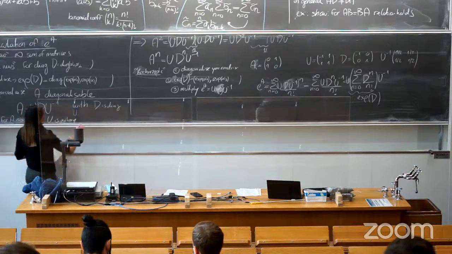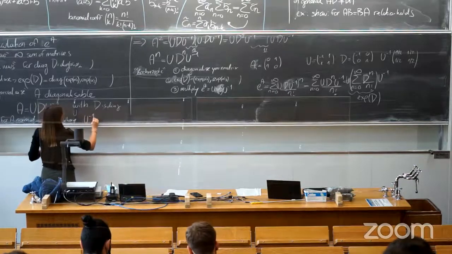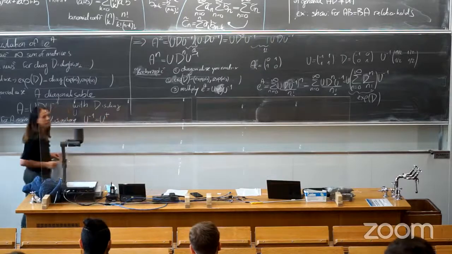And then this means that U of minus A is equal to U dagger.